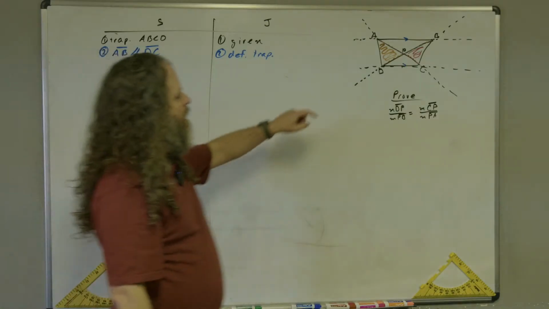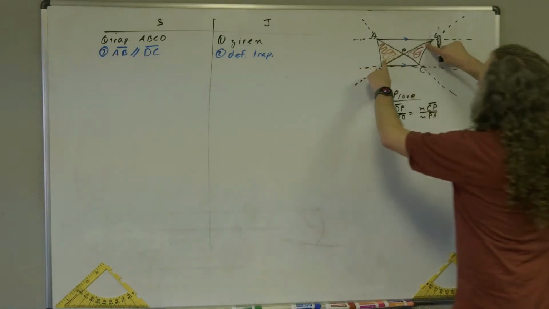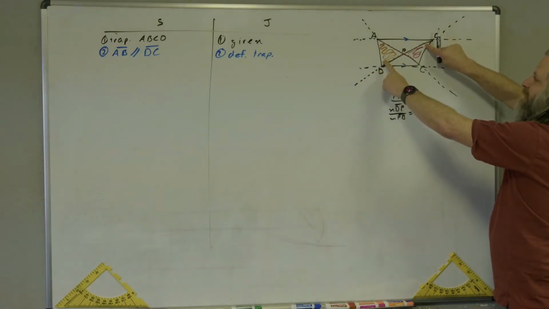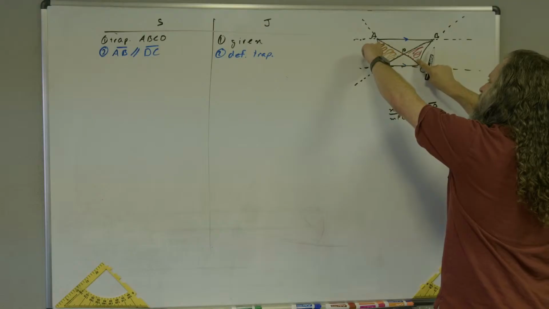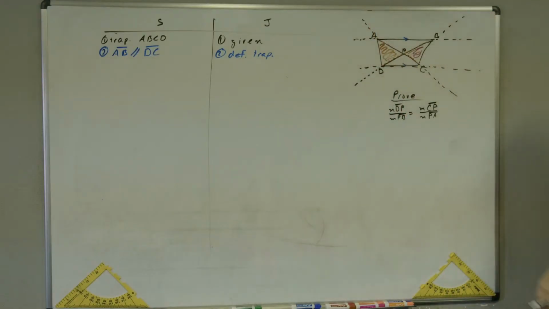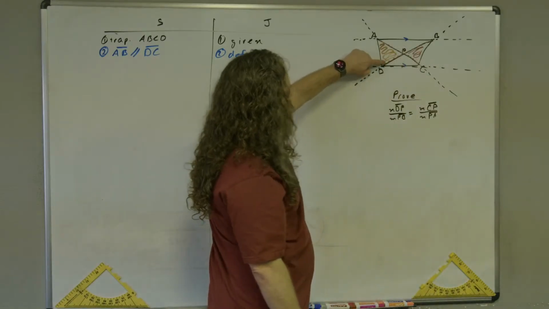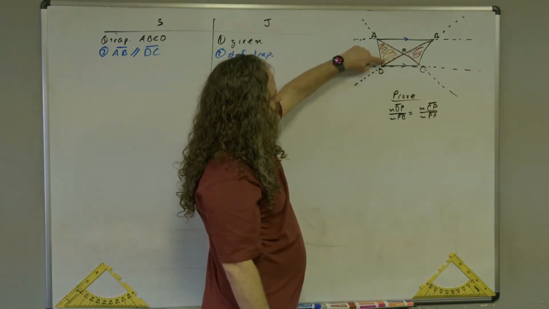Because we could say this angle is congruent to this angle. Those are in the triangles we're interested in, right? We could also say this angle is congruent to that angle, and then we're pretty much home free. So how do I name this angle? There's a couple of different possibilities.